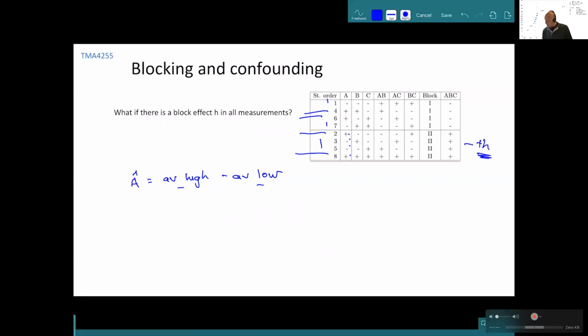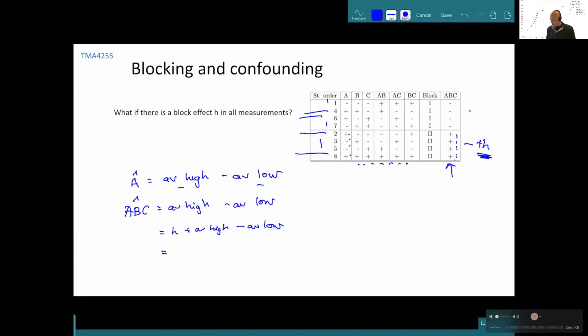If we go to all others, here we also see this plus and minus structure, except ABC. So if we take ABC hat, and compute average high minus average low for this one, we will see that all the high ones are down here. So if we did the high ones here, we would not get this h. So the average high here is h plus average high minus average low.